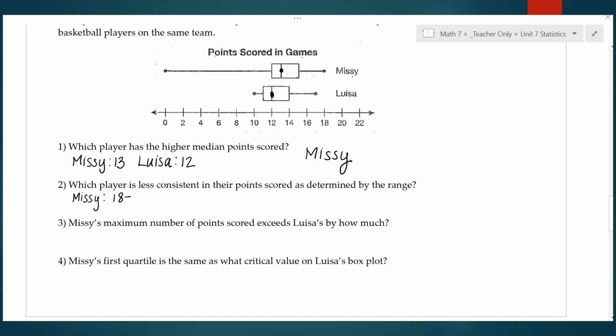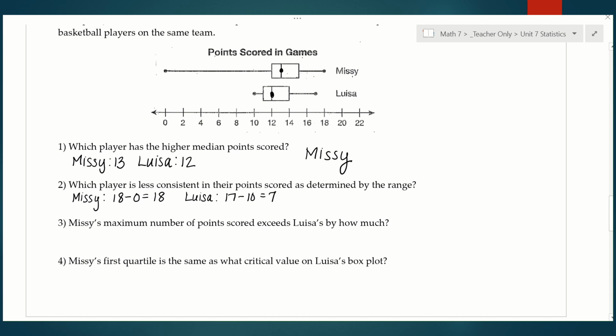Her lowest is 0. And so 18 minus 0 would be 18. Louisa, let's see, 17 is her highest, 10 is her lowest, so her range is 7.